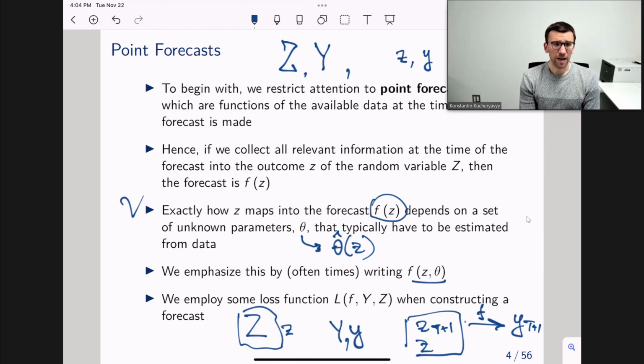And then finally, we will be employing some loss function when constructing a forecast. And the previous lecture hopefully gave you an idea that you can choose from a variety of loss functions, and you should be choosing loss functions based on your subject area.